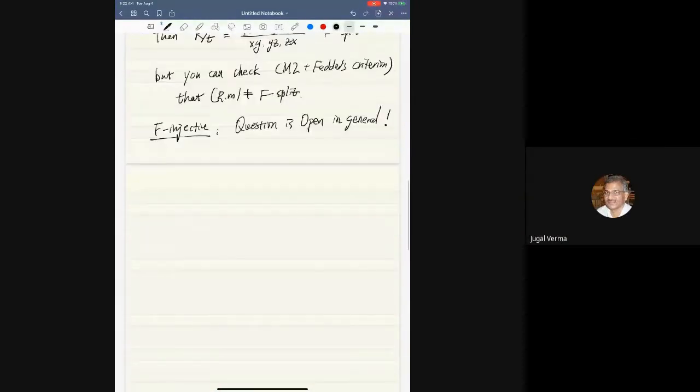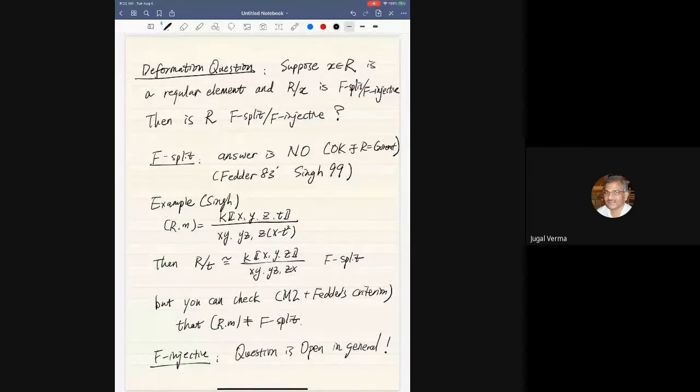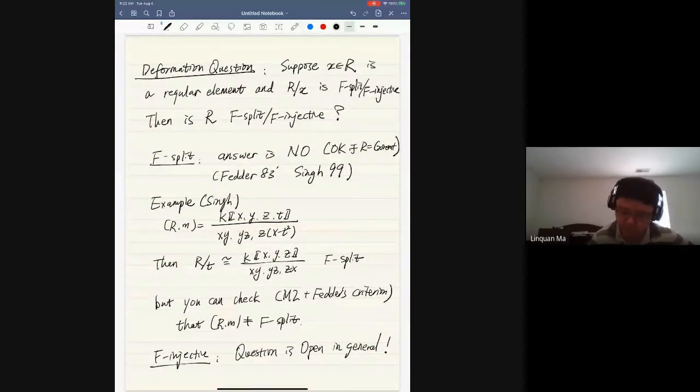Is the characteristic any prime number in Anurag Singh's example? Correct, so K is arbitrary, K is characteristic p for any p. And there are other examples.